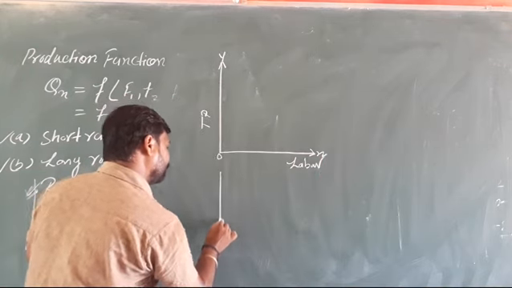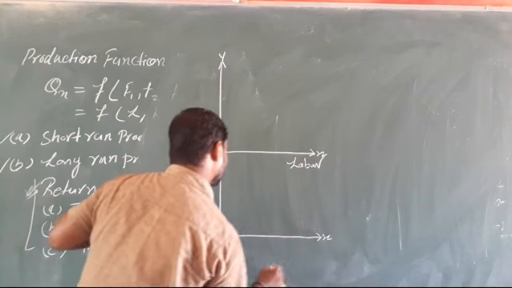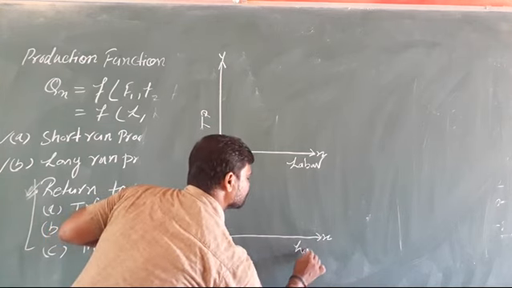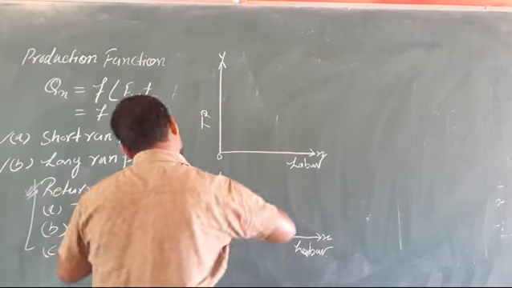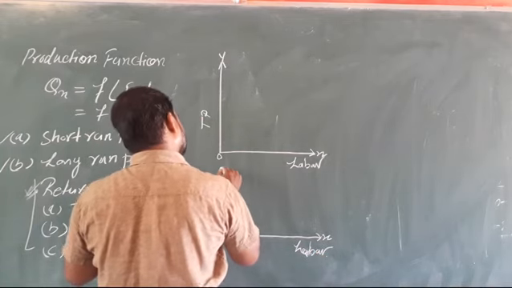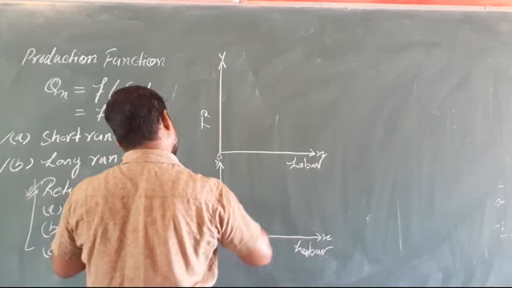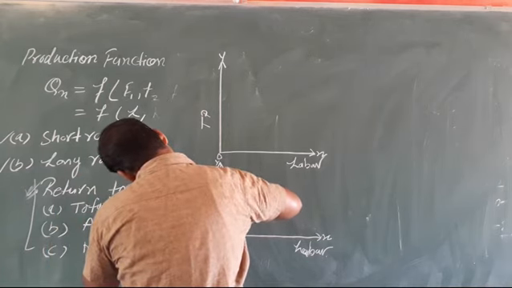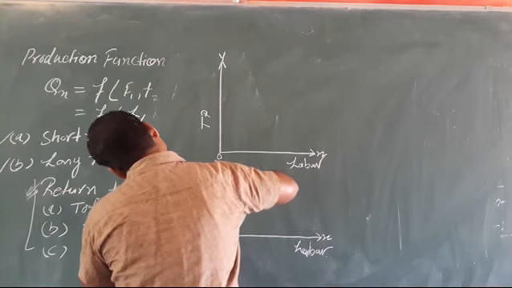And the second graph will have the x-axis representing labor and the y-axis representing marginal product and average product.